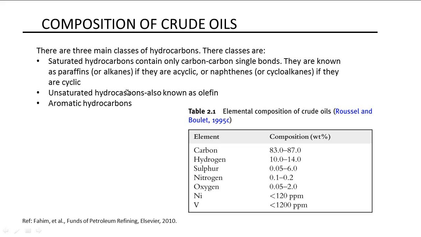While the unsaturated hydrocarbon is also known as olefins in the refinery process. In this table, you can see that the element which is composed in the crude oil is majority carbon, and the composition based on weight percent is about 80 to 90%.